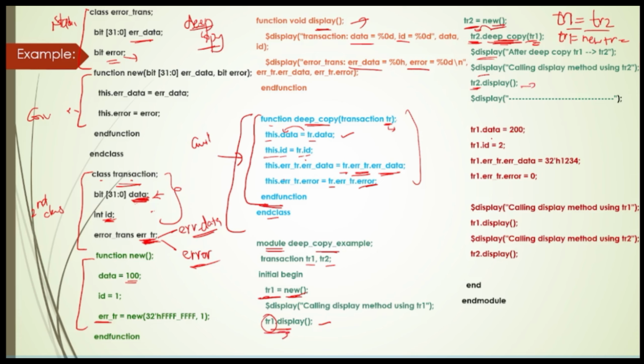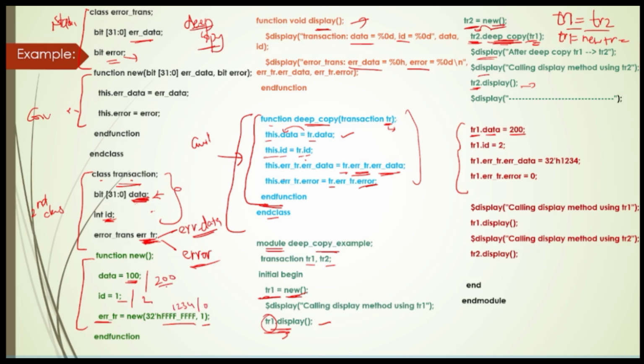Clear? Now in my next step, I am changing all the values within this particular class with the tr1 handle. The values were 100, 1, all F's and 1. I have changed this to 200, this to 2, this to 1, 2, 3, 4, and this to 0.